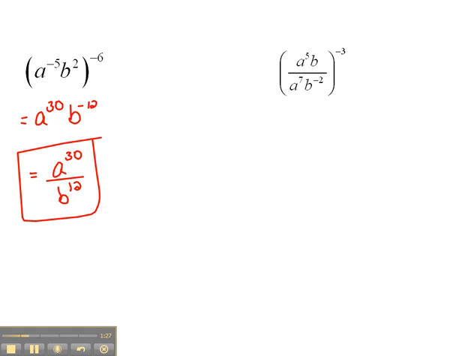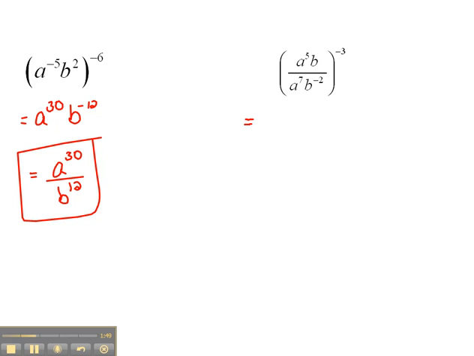so that you can see that you have some options, but you have to be following valid rules. The first thing I'm going to do is raise every one of these items inside here, since we only have multiplication and division going on, to the outside exponent, power to power.